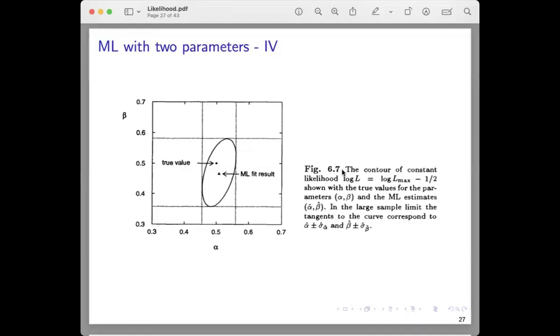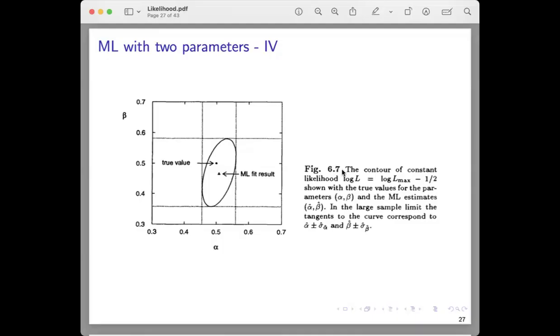Okay, so I understand. So basically, it's a continuous locus of points, and from which the best is the triangle one. Yeah, the best fit value is the triangle one, which maximizes the likelihood. Now you can find the points where the log likelihood differs from the maximum value of the log likelihood by half.